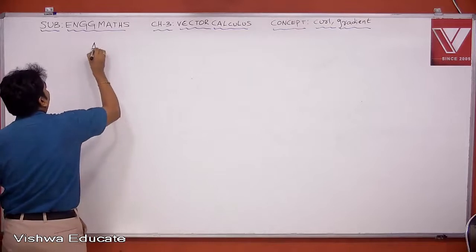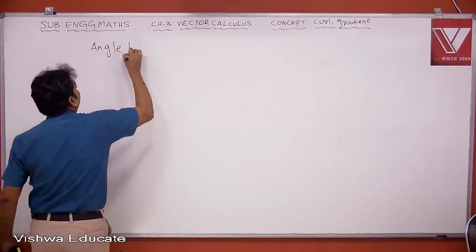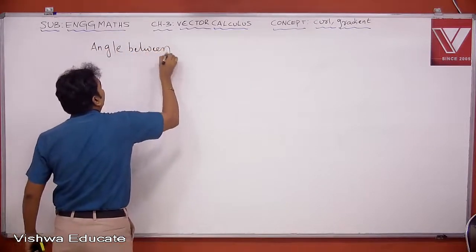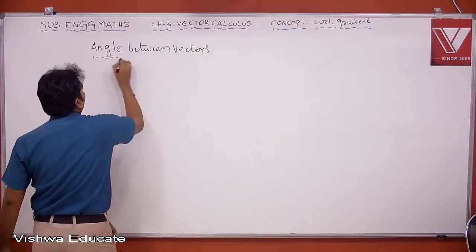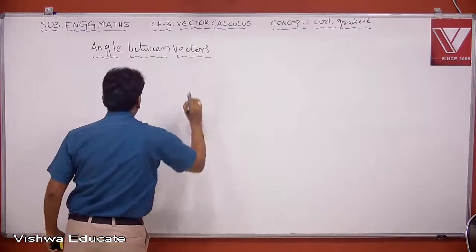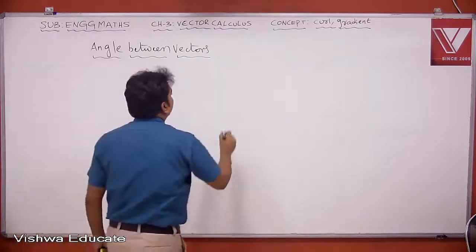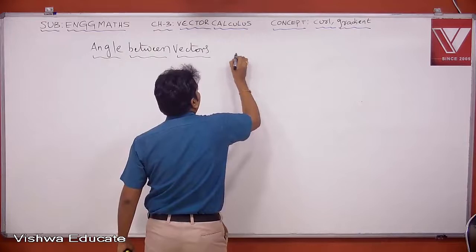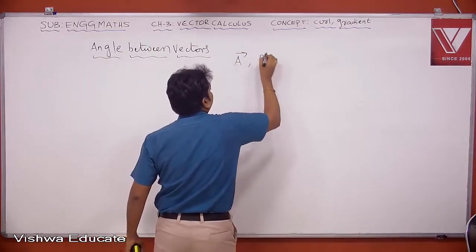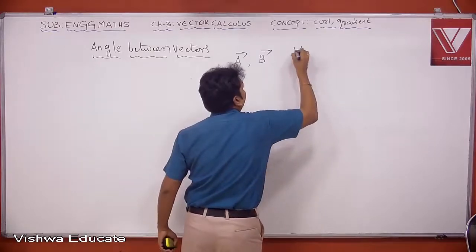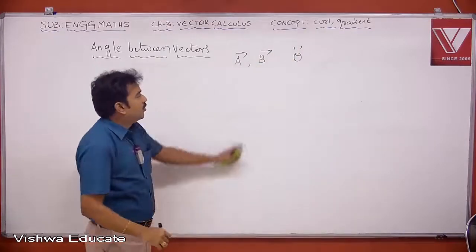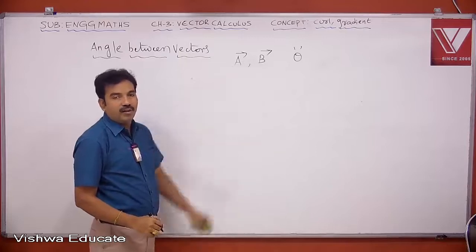Next concept, angle between vectors. Suppose we have two vectors a bar and b bar. Assume that theta represents the angle between these two vectors.